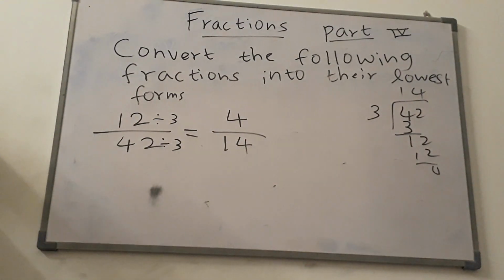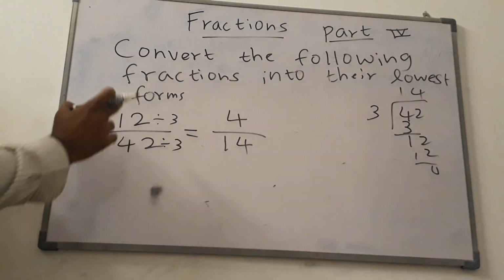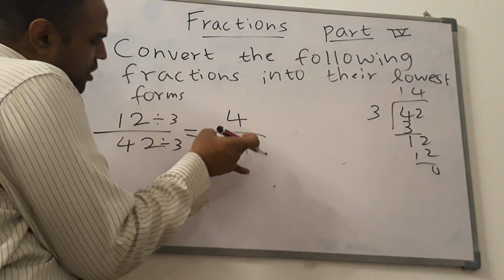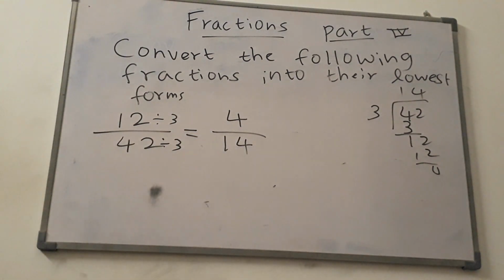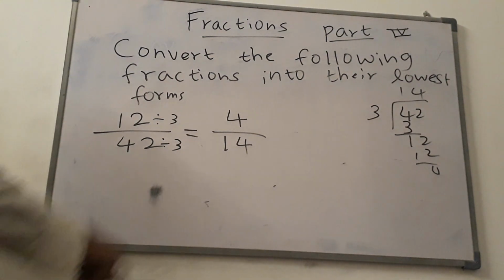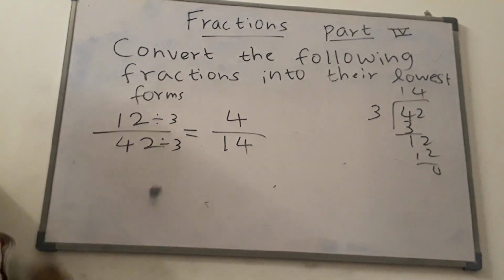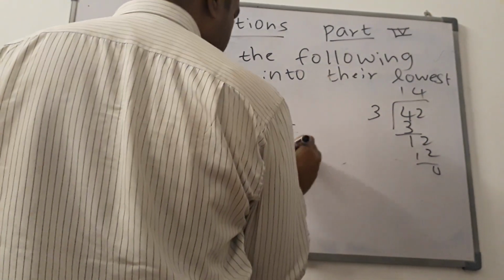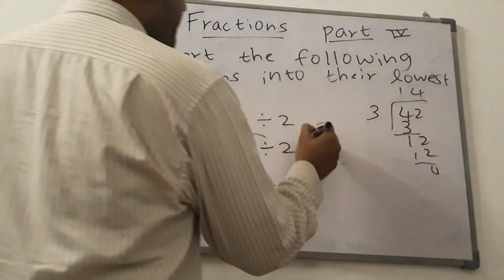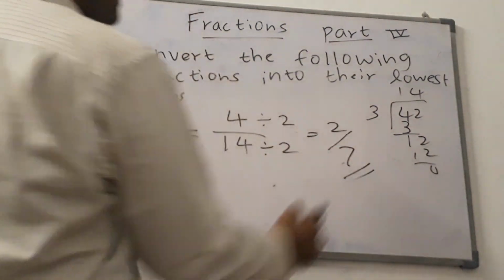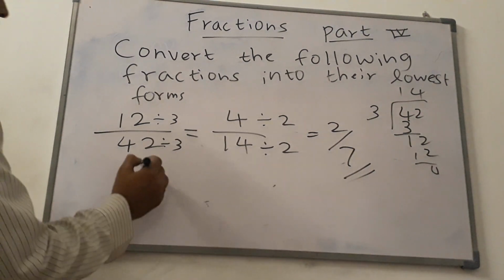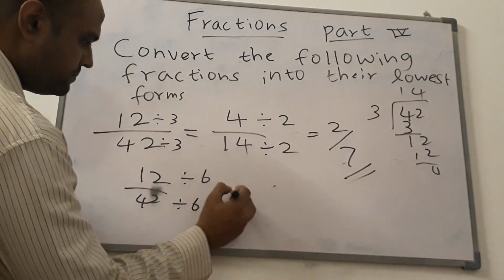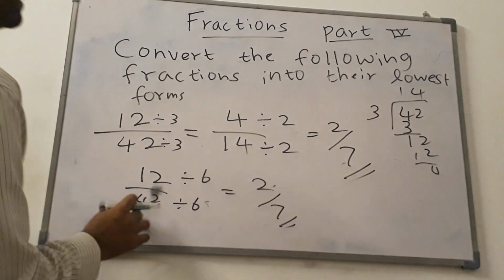So 4 over 14 is the answer if we divide 12 out of 42 by 3. But is this the lowest form? Dividing by 3 only is not enough. I feel like we can divide both this numerator and denominator by 2. Hence it will be 2 over 7. This is the lowest form. Or we can divide 12 and 42 by 6 straight away. Hence 2 over 7. 6 times 7 is 42.